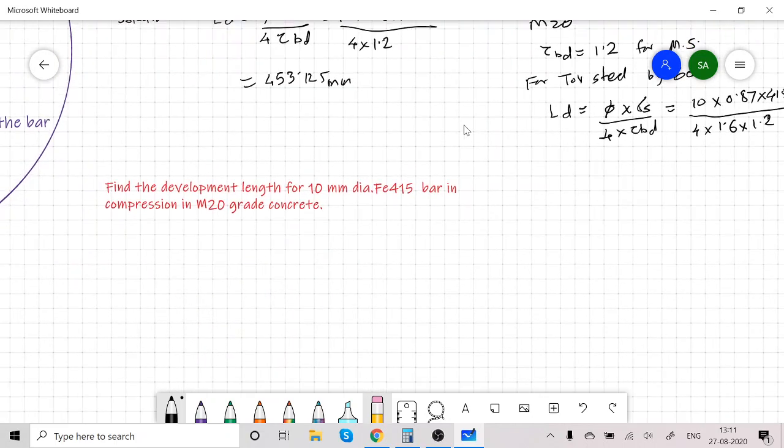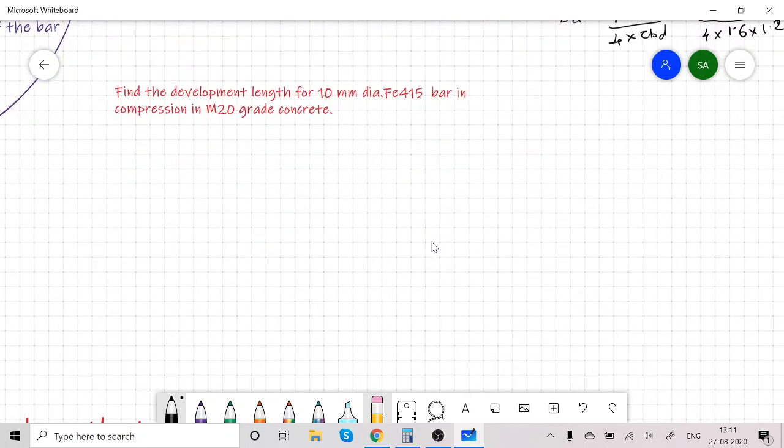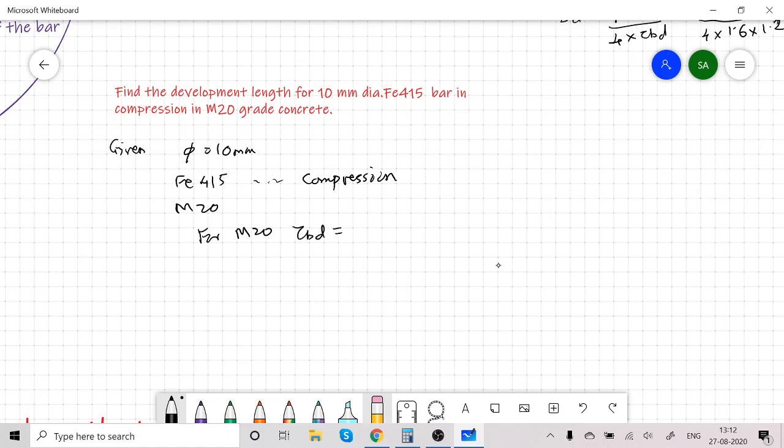Now consider the third case. In this, the given things are diameter 10 mm, Fe415, M20, but this bar is under compression. For compression, we must increase the bond stress by 25%. So for M20, tau BD we know is 1.2 Newton per mm square.